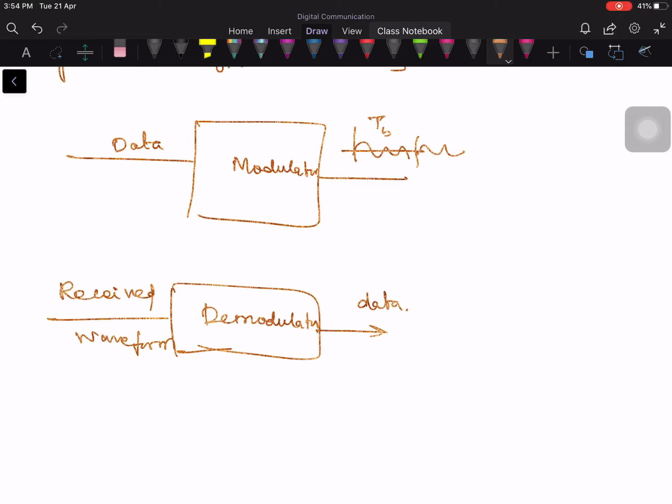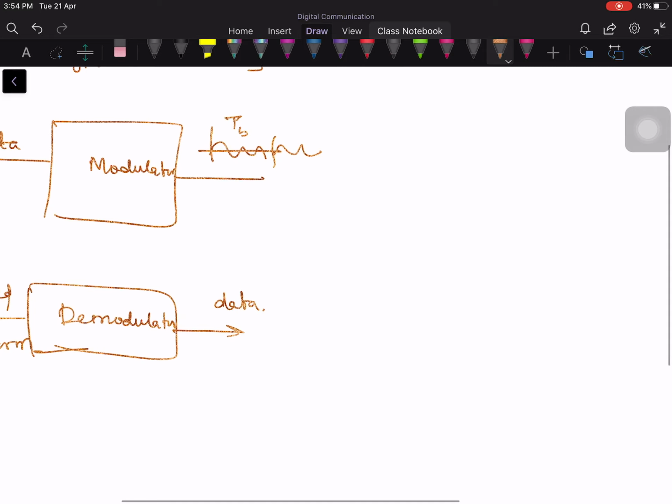But that is not the way you are going to do it in the demodulator, because in the modulator you have some pre-decided set of waveforms, right? And that modulator essentially carries out the implementation of your rule from data bits to the choice of one of these waveforms. For example, when I say BPSK, when 0 comes, you map onto one waveform S0 of t, and when 1 comes, you map onto S1 of t.